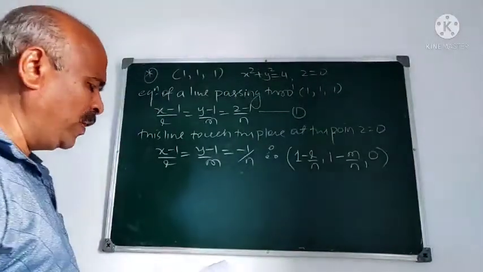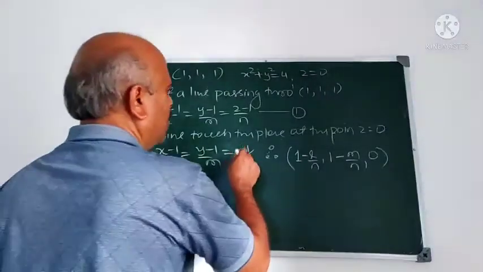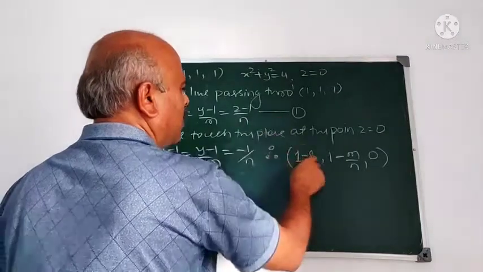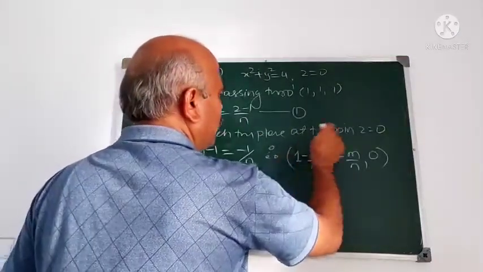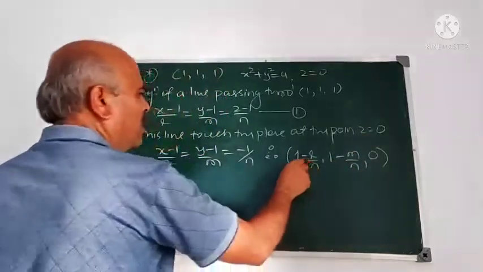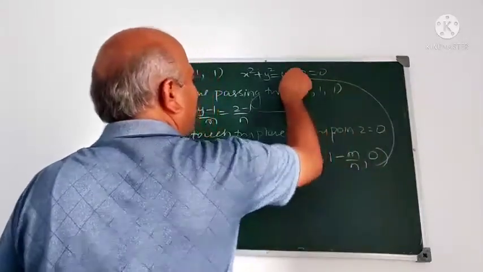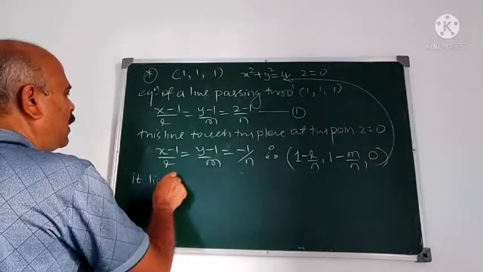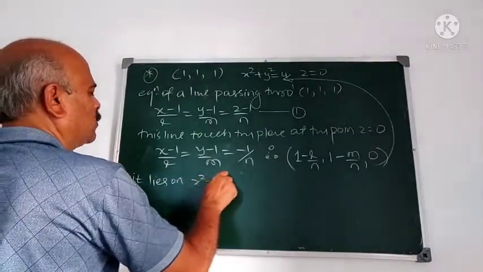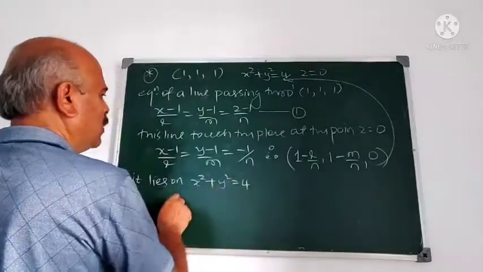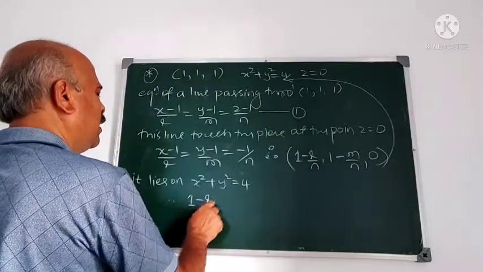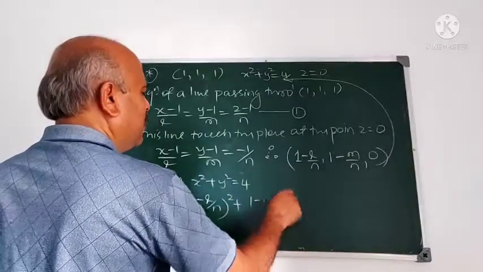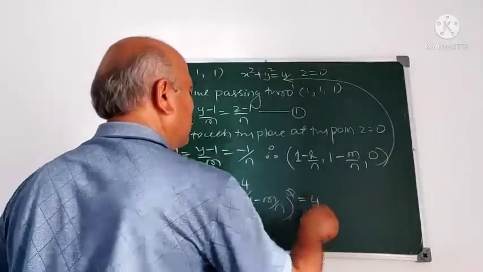This is the point where this generator meets the plane z is 0. But this point lies on the curve x square plus y square is 4. Therefore, (1 minus l by n) whole square plus (1 minus m by n) whole square is equal to 4.